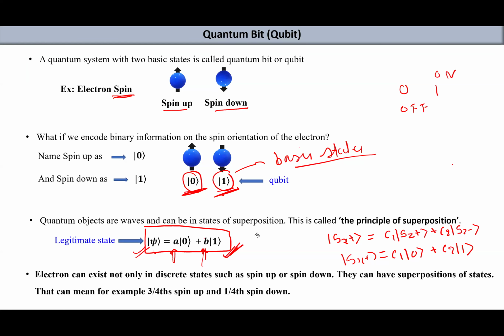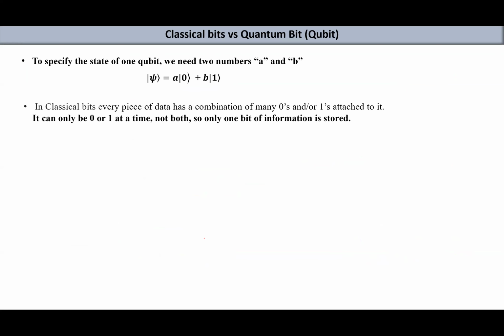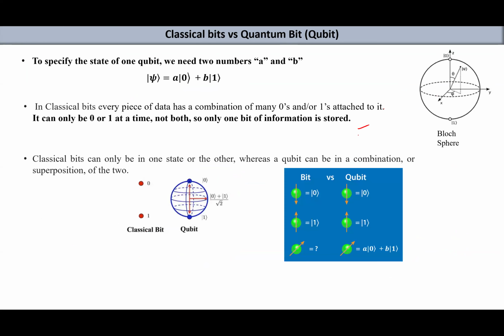So the number of complex A and B which are required to define this psi is 2. This is what I have written in this diagram. I will share this slide with you. And this is the difference when you look at the classical and the quantum.